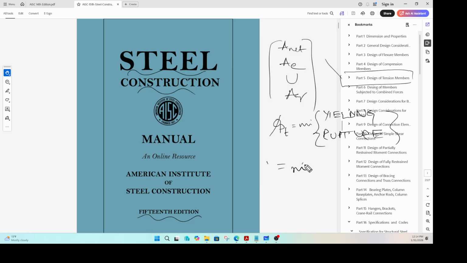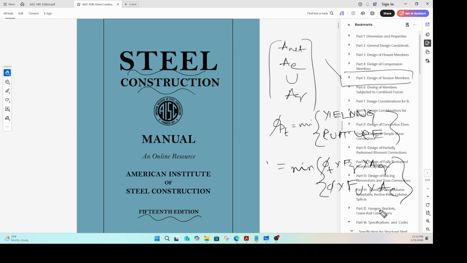Yielding happens on the gross area, so it is Fy times A gross, whereas rupture happens on the net area, so that's where Fu and Ae, or A effective net area, come into the picture. We talked about all these things.